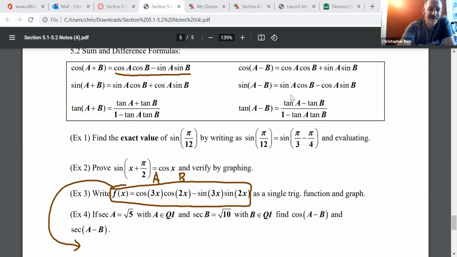So if we use that first one, we have that f of x is equal to cosine of A plus B. But our A is equal to 3x and our B is equal to 2x. So I'm going to plug that in.